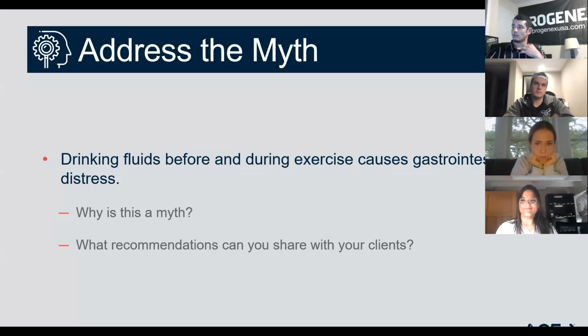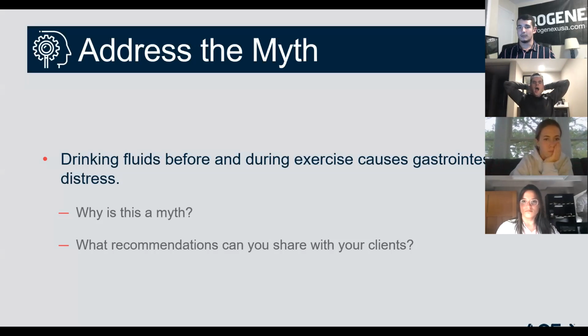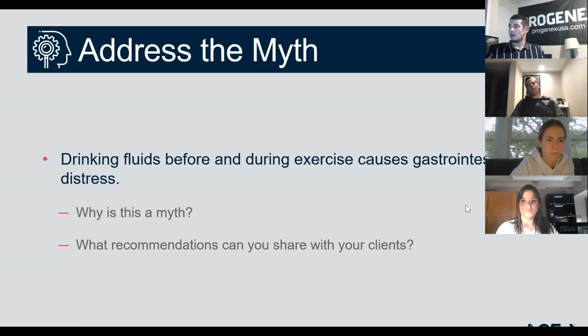Like we talked about earlier, when you are exercising, your gastric emptying time is going to be a little bit slower because your insides, the stuff doing all the digesting, don't have the blood flow they had at rest, because that blood flow is now going to working muscles. So it will slow down gastric emptying, although it's not going to cause GI distress.